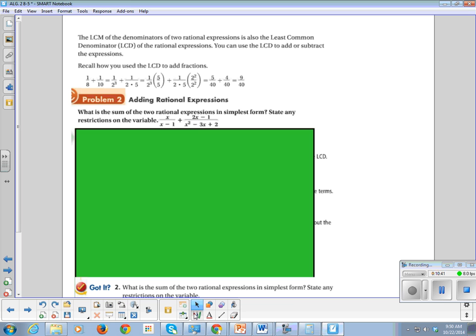All right, so I actually want you to write this down. Problem number 2. What is the sum of two rational expressions in simplest form? State any restrictions on the variable. x over x minus 1 plus 2x minus 1 over x squared minus 3x plus 2.